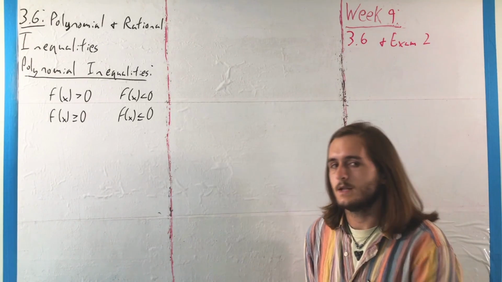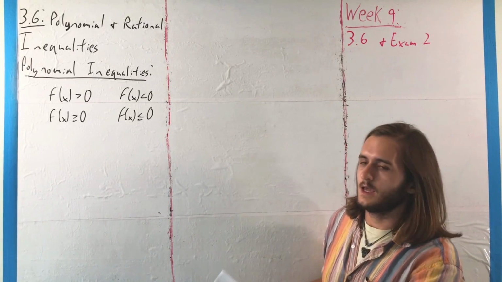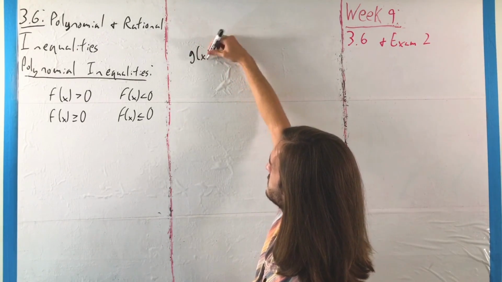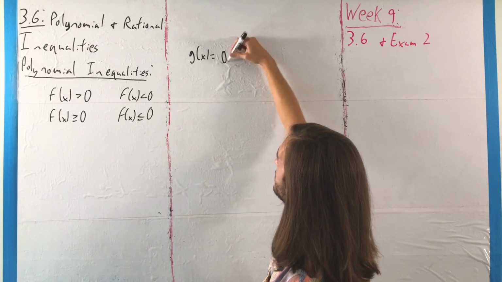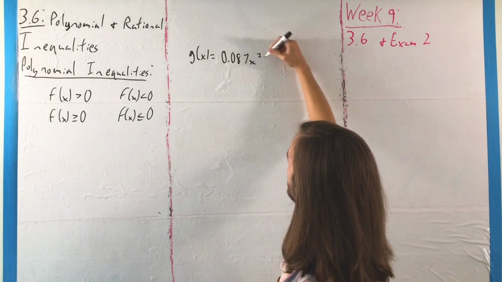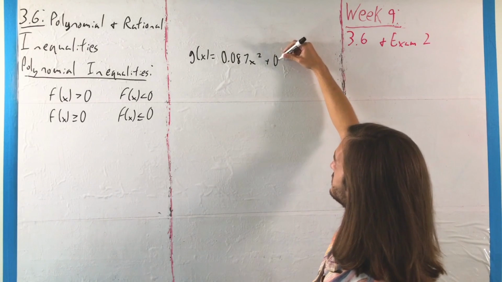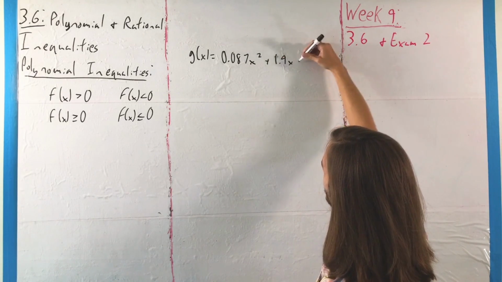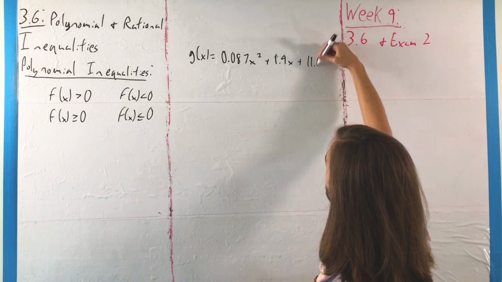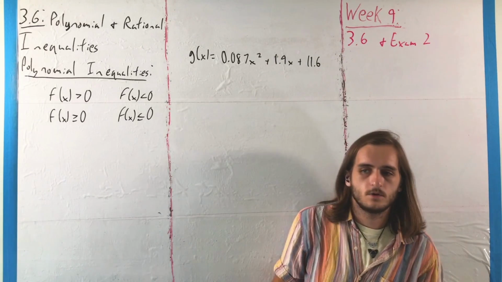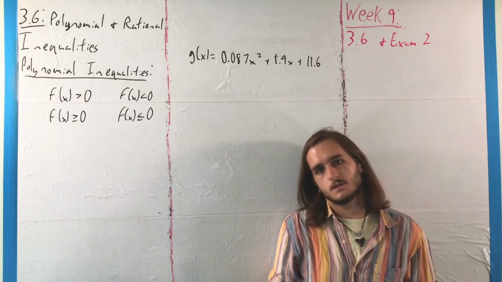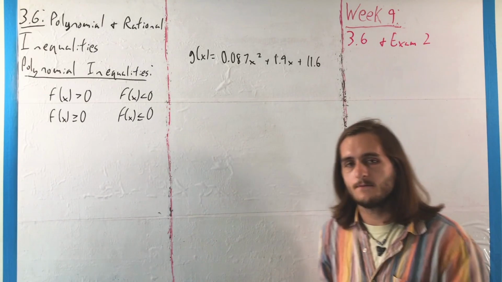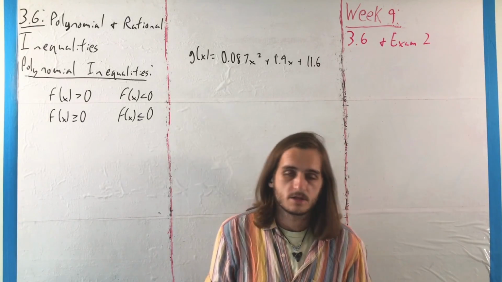For example, a function of the form g of x equals 0.0875 x squared plus 1.9x plus 11.6 can model the stopping distance required in feet for a car driving over wet pavement at x miles per hour.